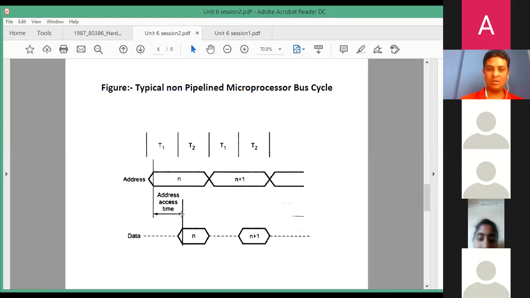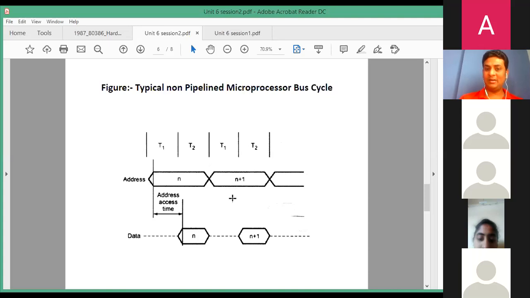That control will take the decision whether that address has to be accessed or not, and that duration is the address access time. It will take one clock cycle, so it moves into T2, and once n is fetched, the next cycle is for n+1. In T1 we calculate the address, and the address access time is there, and in T2 we fetch the data.